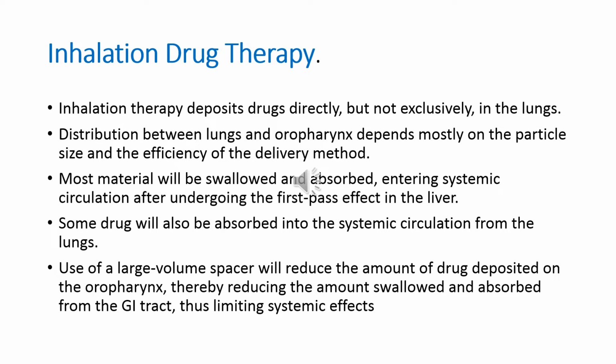Some drug will also be absorbed into the systemic circulation from the lungs. Use of a large volume spacer will reduce the amount of drug deposited in the oropharynx, thereby reducing the amount swallowed and absorbed from the gastrointestinal tract, thus limiting systemic effects.